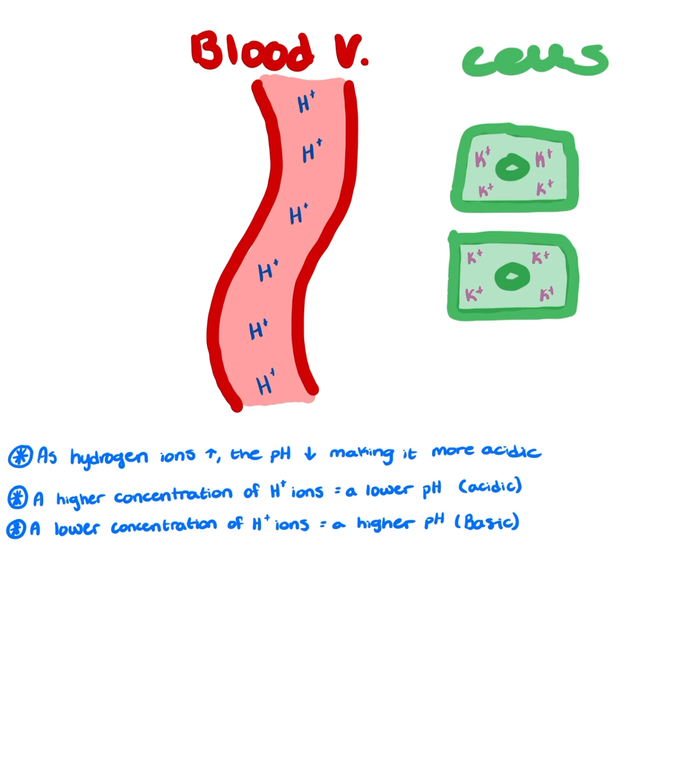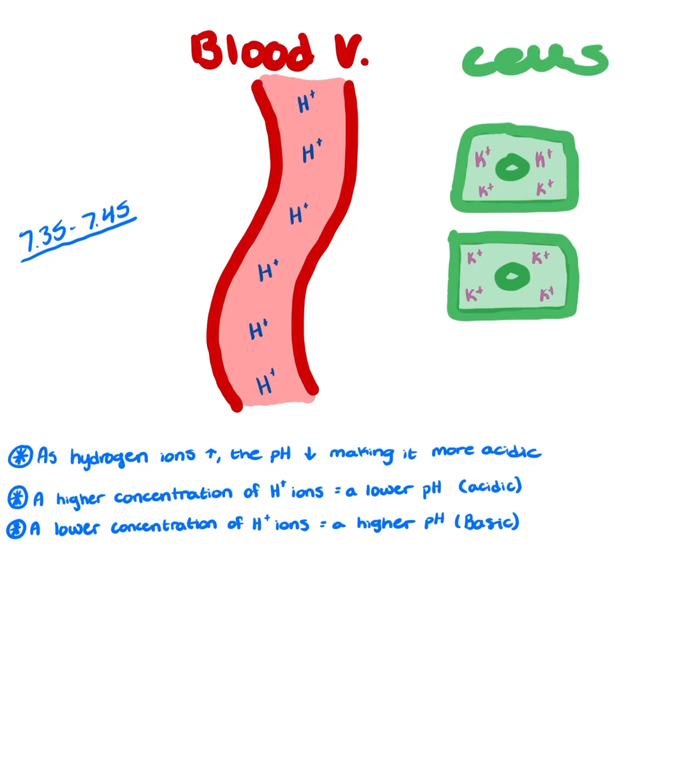On the other hand, the pH of blood is normally 7.35 to 7.45 on the pH scale. So this just shows how narrow of a window we have to maintain a pH that is accurate for our body.